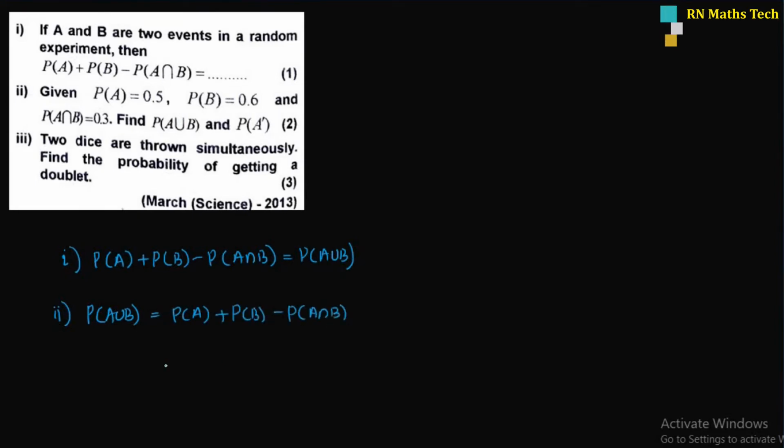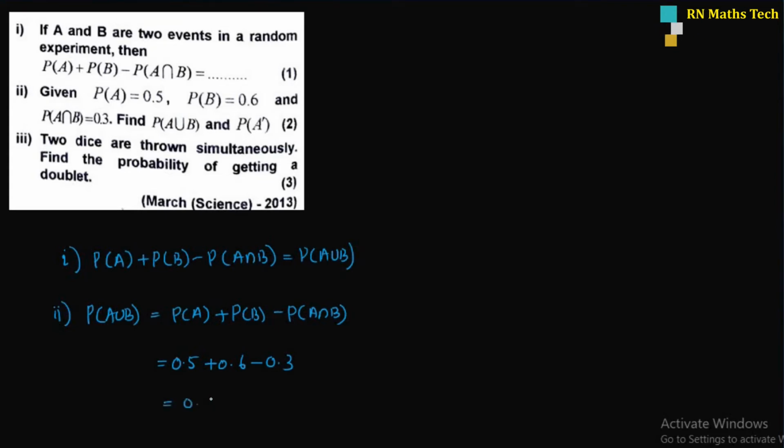Next one, A and B are two events in a random experiment. Then P of A plus P of B minus P of A intersection B is equal to P of A union B. Okay. Now second one, given that P of A is 0.5, P of B is 0.6 and P of A intersection B is 0.3, find P of A union B. P of A union B is equal to P of A plus P of B minus P of A intersection B. That is 0.5 plus 0.6 minus 0.3.